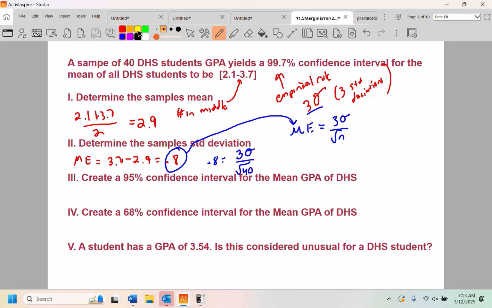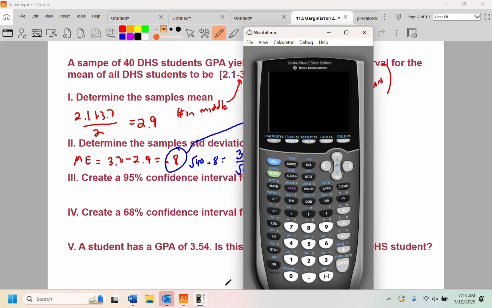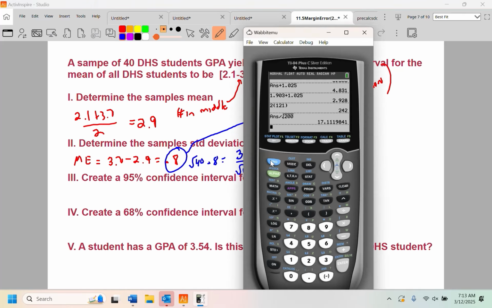All right, so hey, some algebra. We're going to multiply both sides by root 40. So I will have root 40 times 8/10 is 3 sigmas. And then I just divide out by 3, and that is going to be my standard deviation. I didn't figure out what root 40 was.